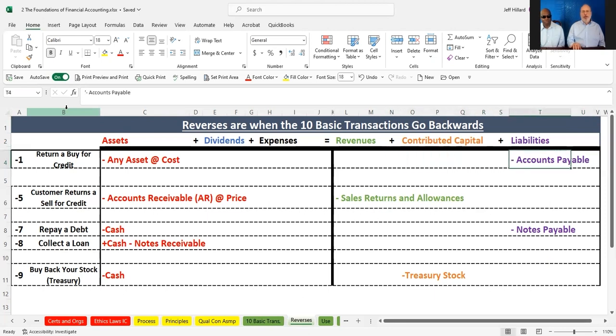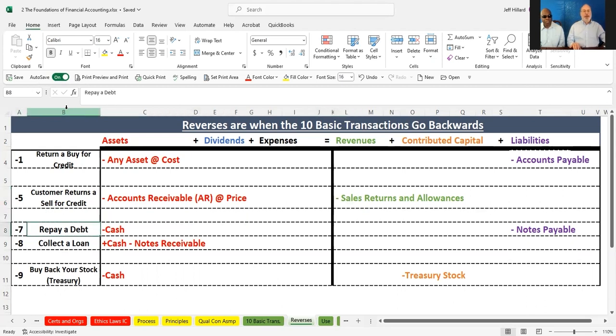This is actually a debit on your books, but it's minus on both. Reverses are simply transactions in reverse. Similarly, if a customer returns an item for credit, your accounts receivable goes down because you're reducing it, and your sales returns and allowances, which is a deduction from sales, goes down as well.